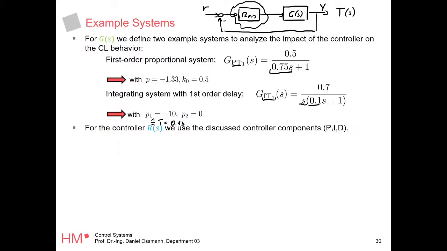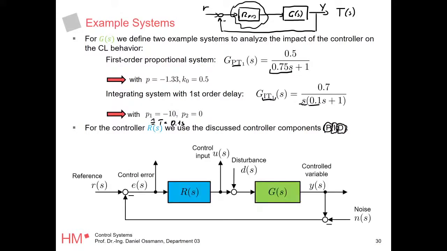First, we're going to take only the elements of a PID controller: first the P, then the I, and then the D. And then we're going to take a look at the different channels, and specifically we're going to look at how our input is transferred to the output, and how our disturbance is transferred to the output.